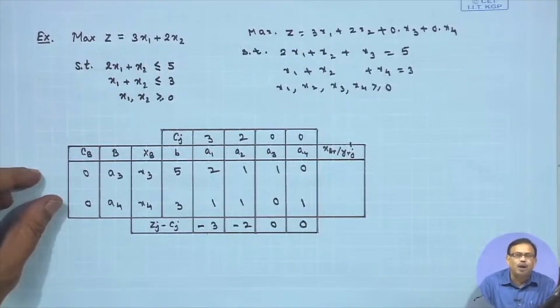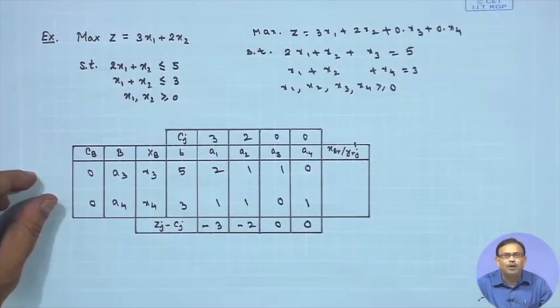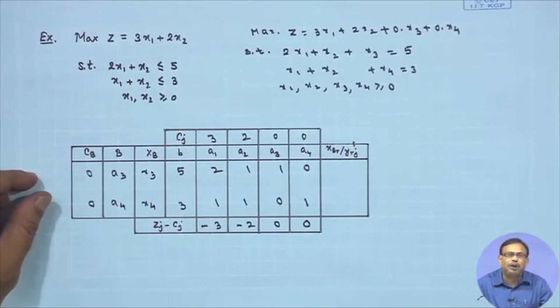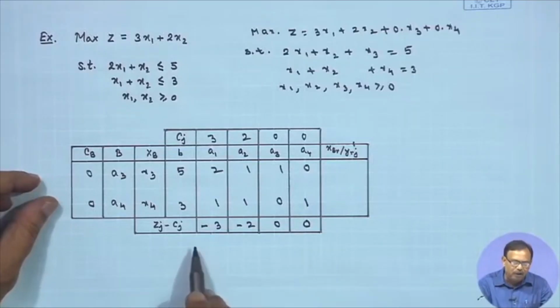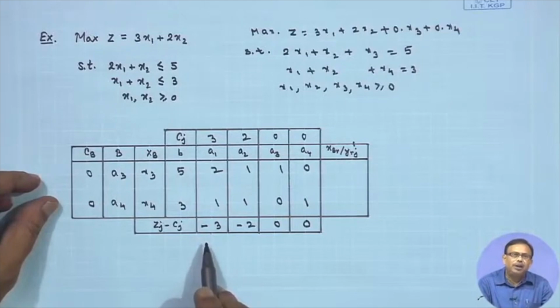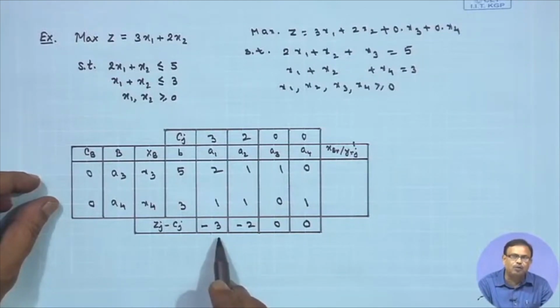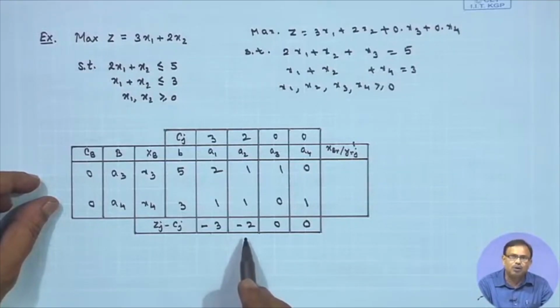So, what are you observing here? At first, what should we check? We should check the z j minus c j values. We have told that in the initial table z j minus c j should be greater than equals 0. But in this case, z j minus c j is less than 0 for j equals 1 and for j equals 2.